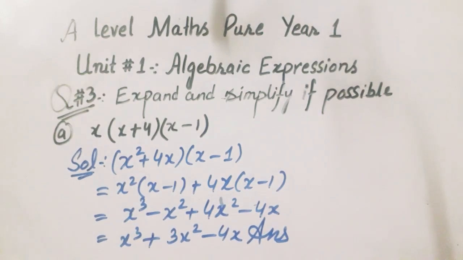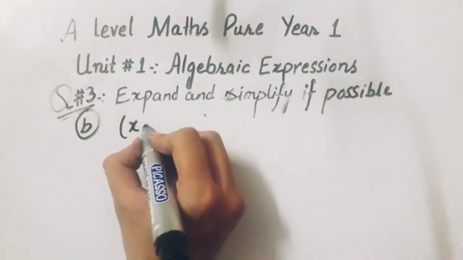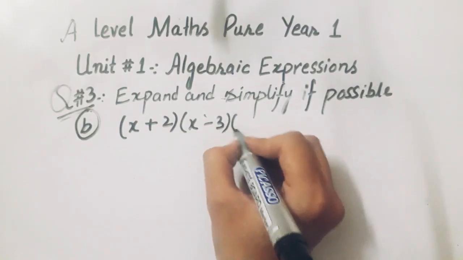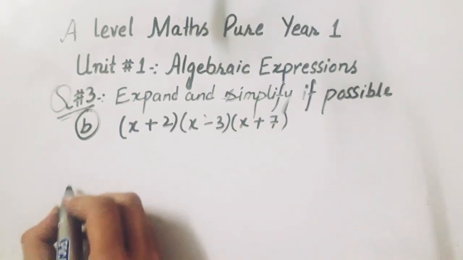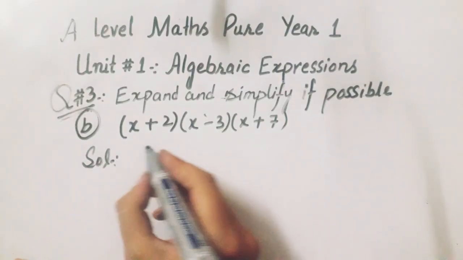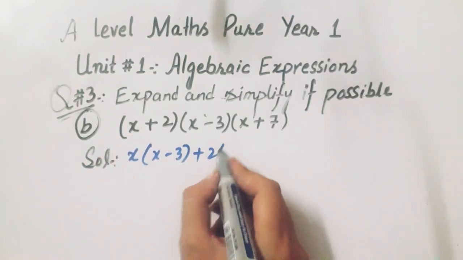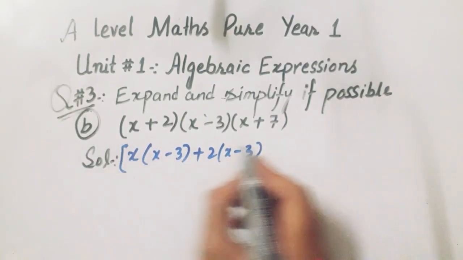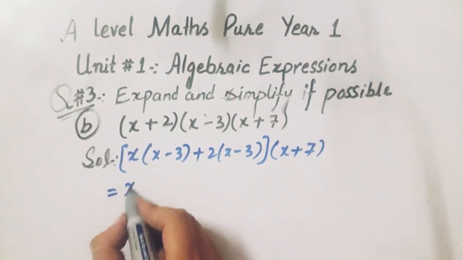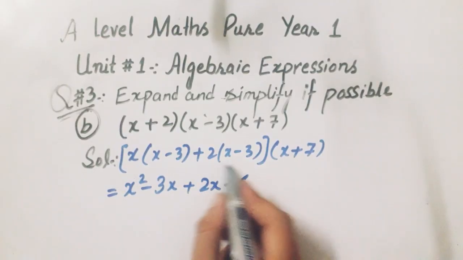Now we will solve the B part. Now the B part is x plus 2 into x minus 3 into x plus 7. So we will solve this as, first of all, x is multiplied by x minus 3. Then plus 2 is multiplied by x minus 3. And it is multiplied by x plus 7. So we get x square minus 3x plus 2x minus 6.